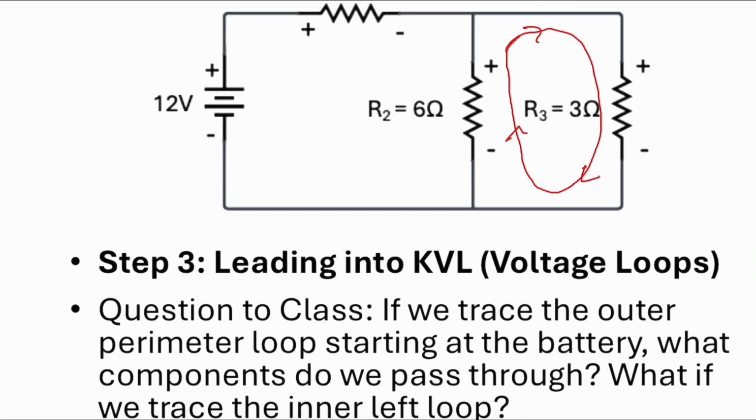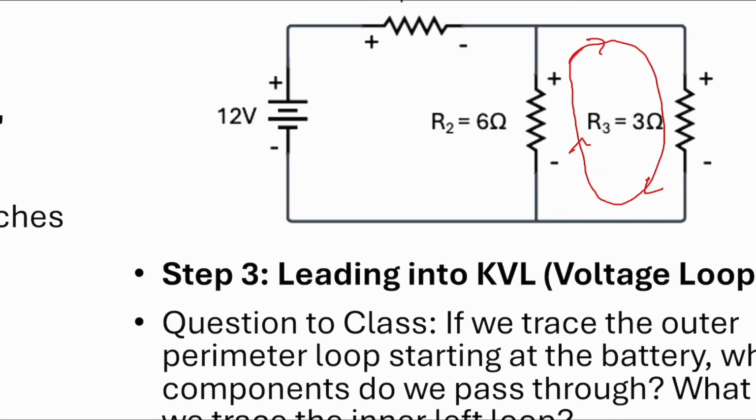R2, because this time when we choose the way we analyze, we are coming to R2 from the negative side. Now this analyzing loop doesn't have to exactly follow the current. The current and the loop we choose to analyze with KVL can be different.